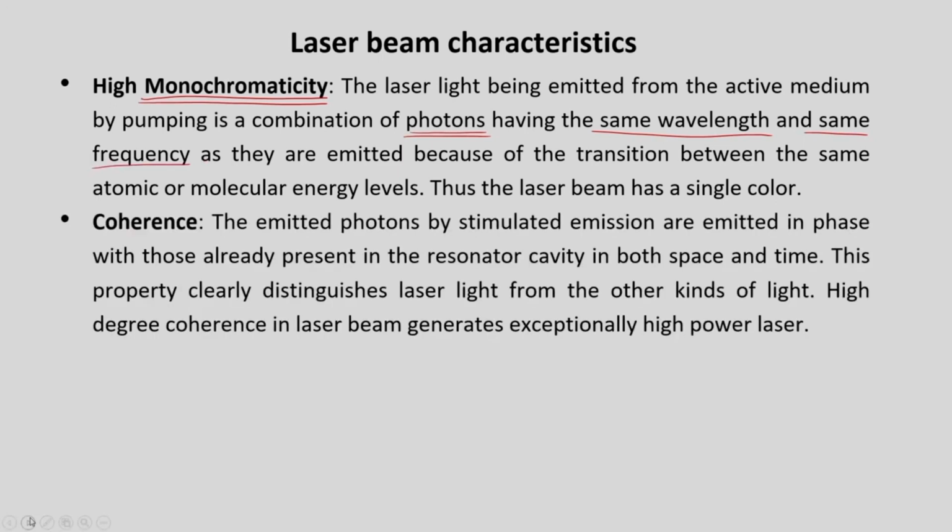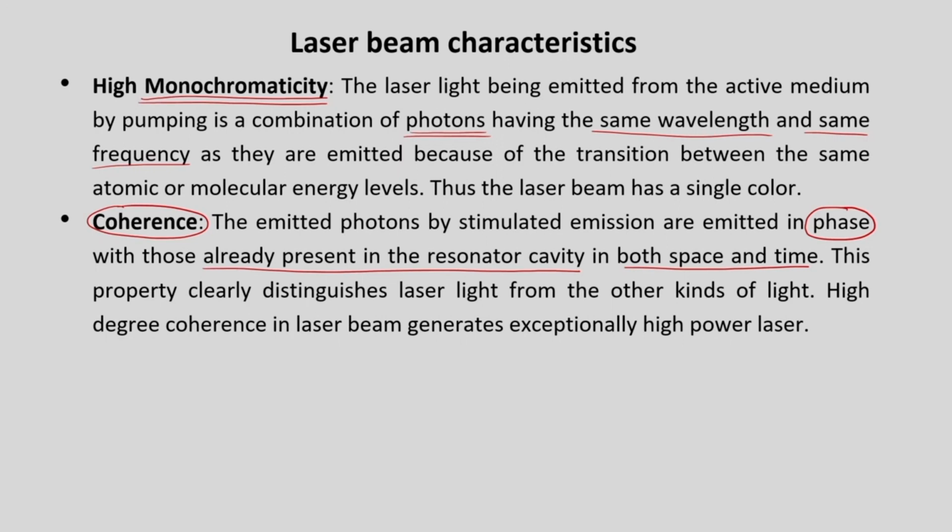The next characteristic is coherence. The photons emitted by stimulated emission are emitted in phase with those already present in the resonator cavity. So, coherence is basically dealing with the phase of the photons. When the phase of the photons is similar to the photons already present in the resonator cavity, both in space and time, that property is called coherence.